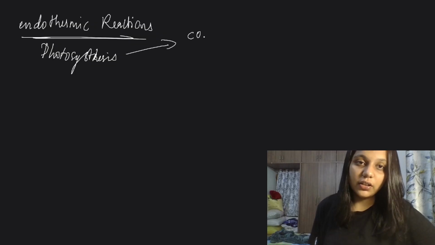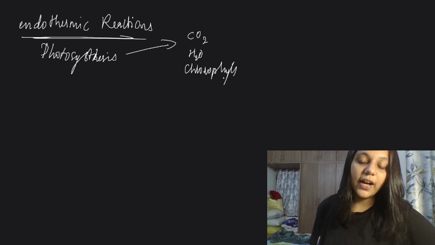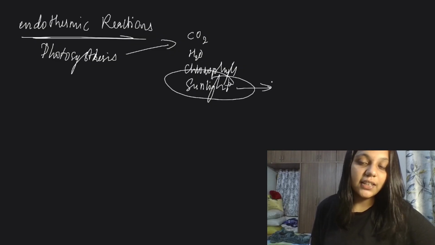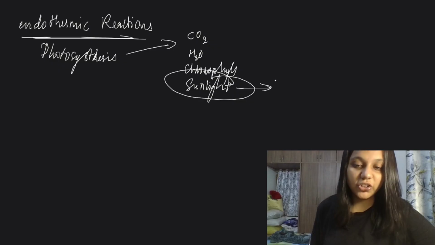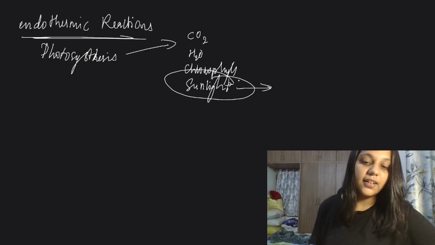In order to get a photosynthesis reaction, we need carbon dioxide, water, and chlorophyll, and much more importantly, sunlight. So this sunlight which we are giving is nothing but endothermic, where we are giving something for the formation of that.